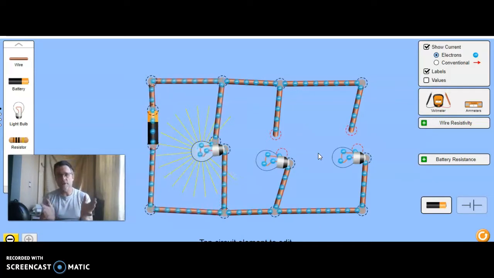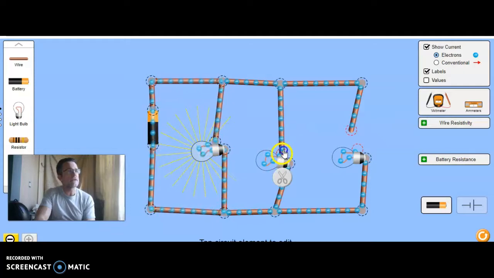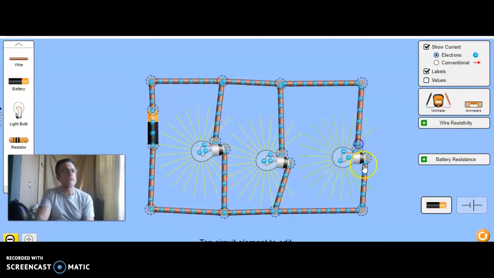Now I want you to observe the difference here in parallel. Okay, so if I make the connection here, and just observe the amount of brightness here, does it go down when I make that connection? No, it doesn't. And does it go down here? No, it doesn't.